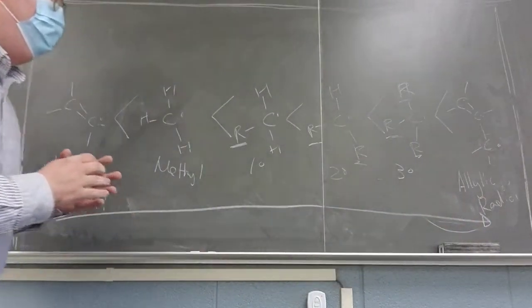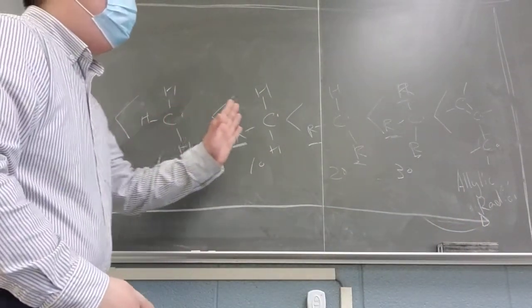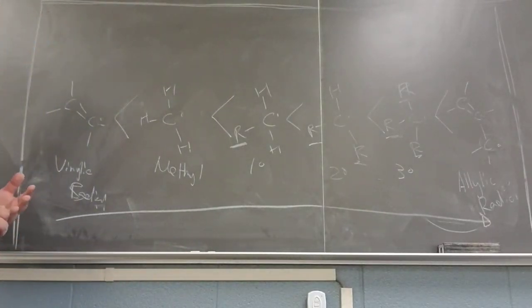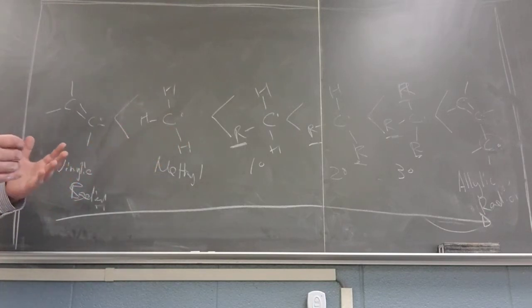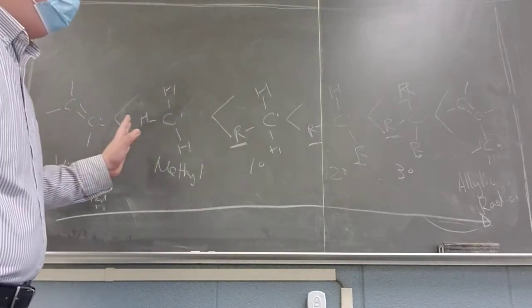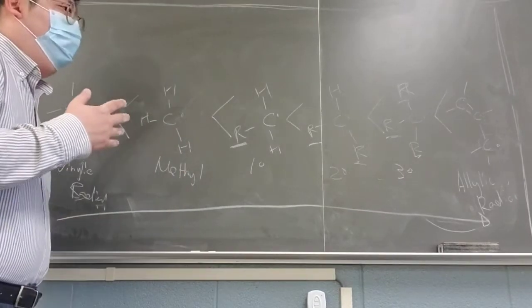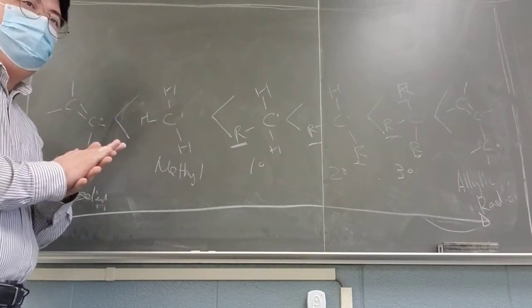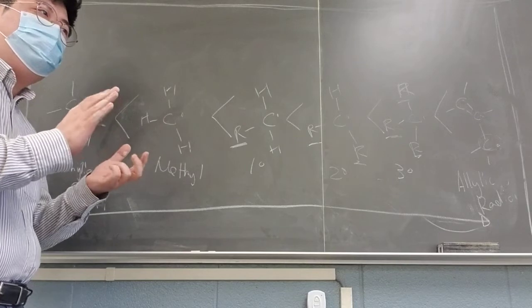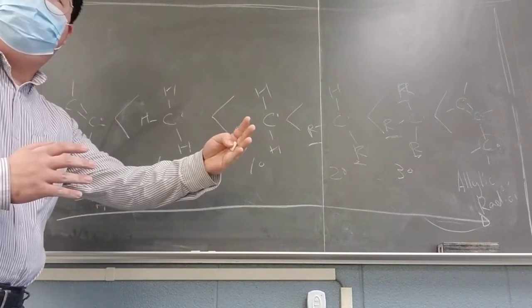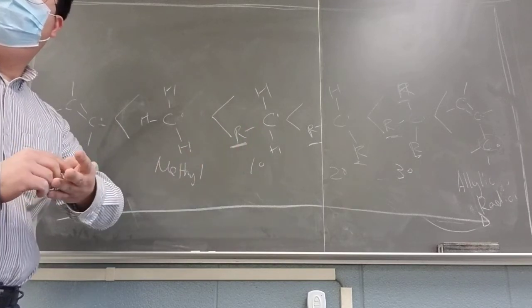So if you go from the left to the right, it is more stable in the radical form. So the scientists were saying when they form the radical structure, they'll be more stable, relatively speaking. That's why they can react much faster in this way. Because whenever you have the radical form, if it's not too unstable, they might have a better chance to go on with the radical halogenation. Makes sense, right? Okay.